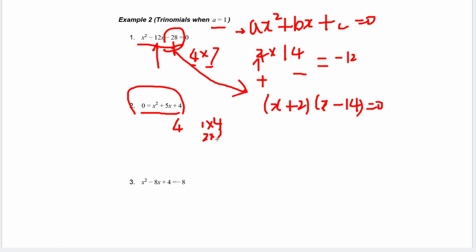But 2 times 2 put together cannot get the middle 5, right? Only 1 and 4, and both are positive. So we get x plus 1 times x plus 4 equals 0, right?